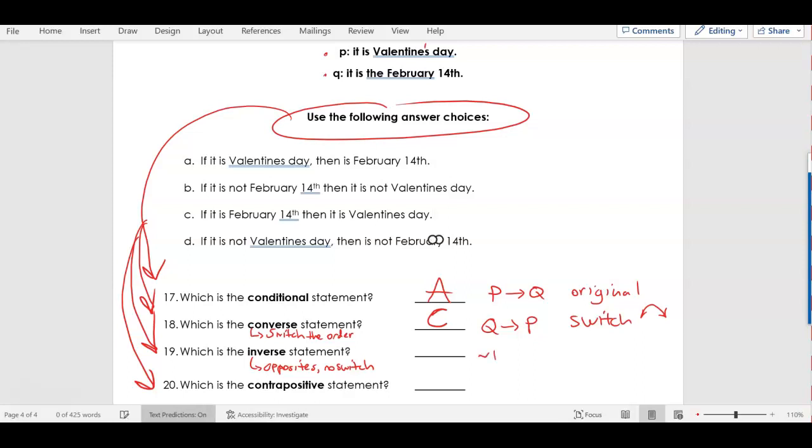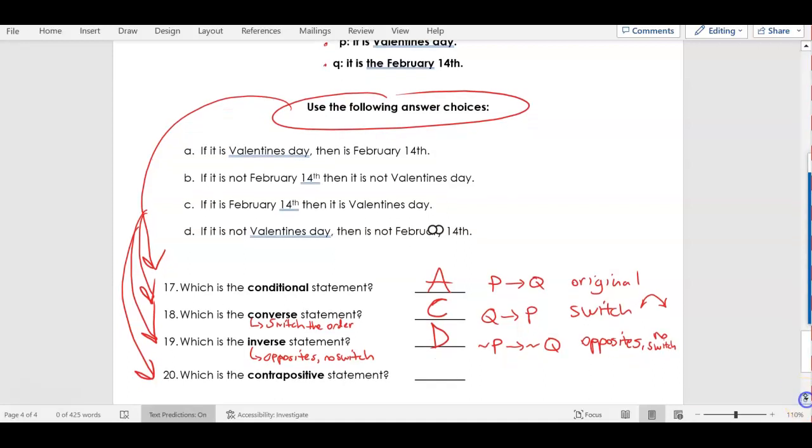We call that squiggle P. And that implies squiggle Q. It is not February 14th. This is a new conclusion. So my new inverse statement is if it is not Valentine's Day, then it is not February 14th. My best answer for inverse is going to be letter D. Okay, so that is opposite. No switch.